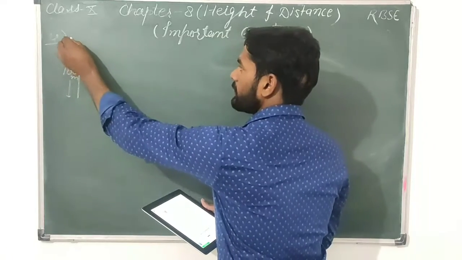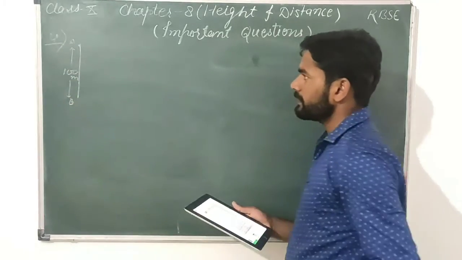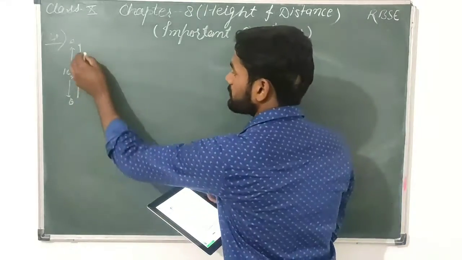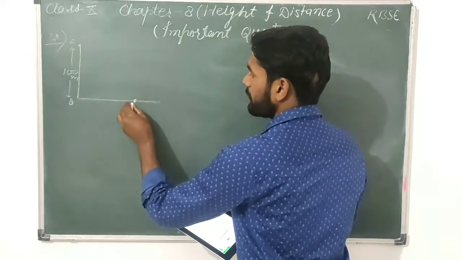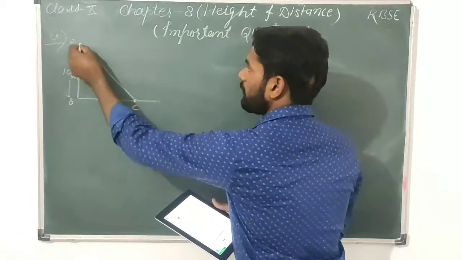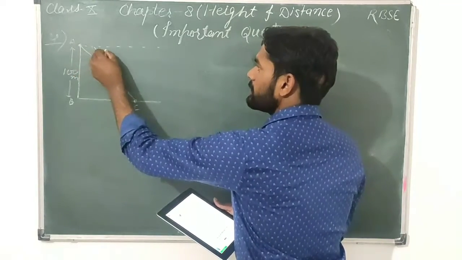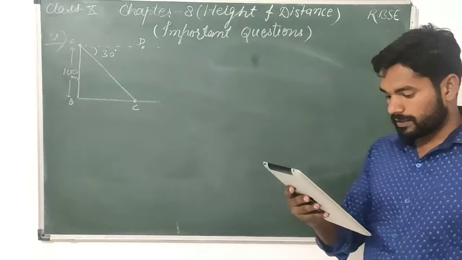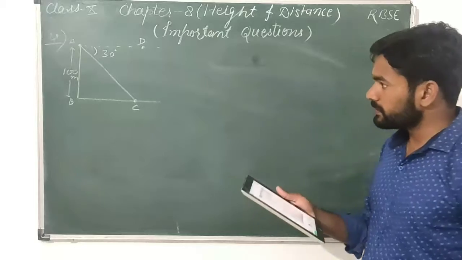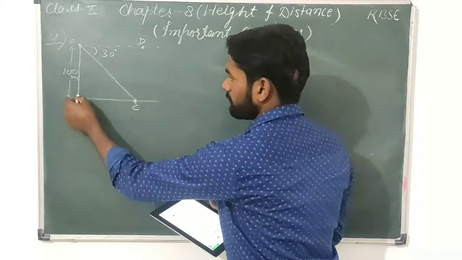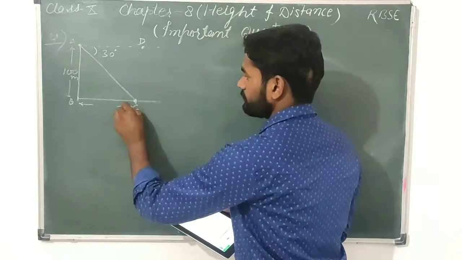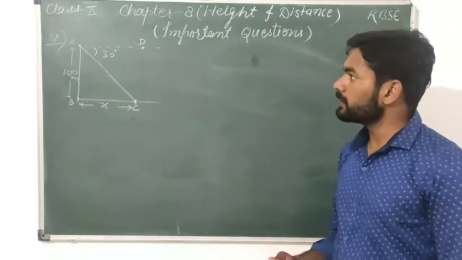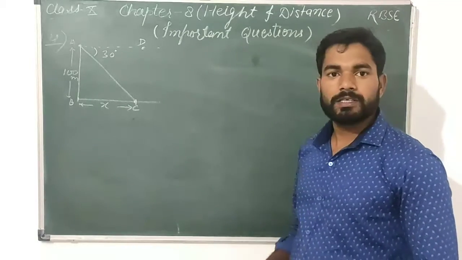And from the top of it, let AB be the height of the tower. The angle of depression of a point, let's suppose here is a point C, is found to be 30 degrees, and let's suppose this is the point D. The distance of the point from the base of the tower will be, let's suppose, X. First of all, we will analyze the structure.